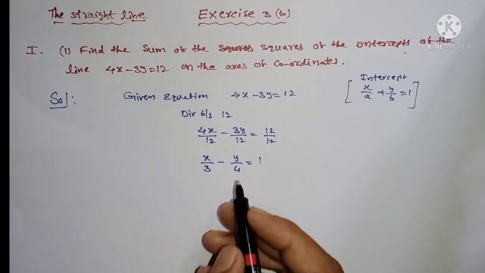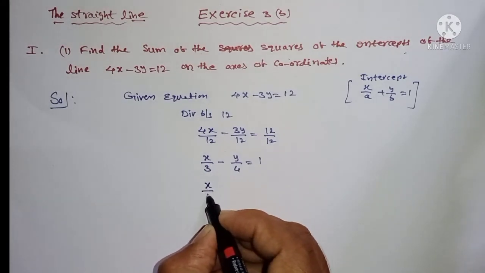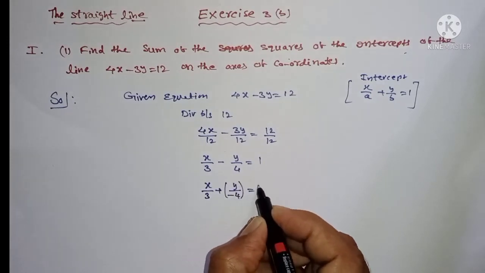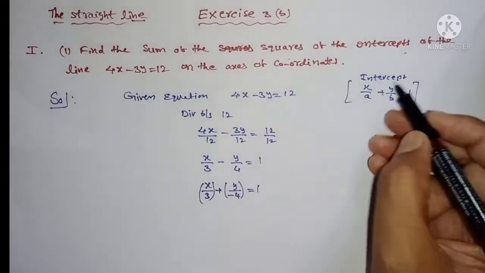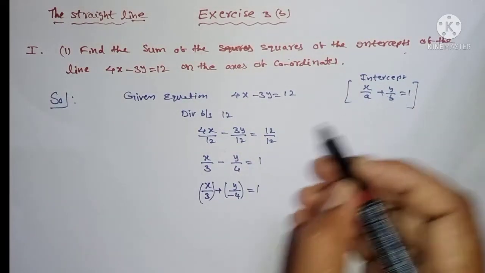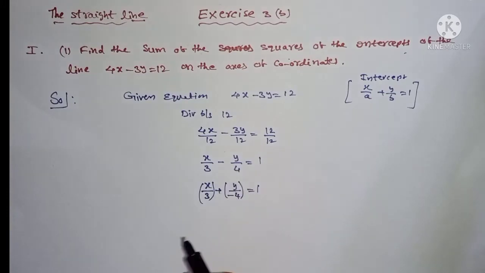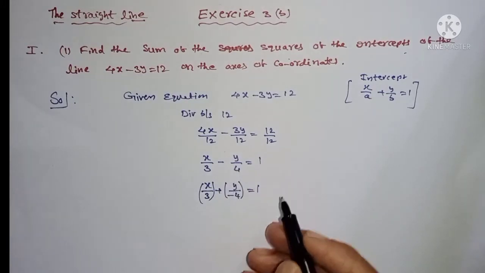Or I can write this as x by 3 plus y by minus 4 is equal to 1. What is the form here? x by a plus y by b. Therefore, I can take here minus 4, since minus into plus is minus.